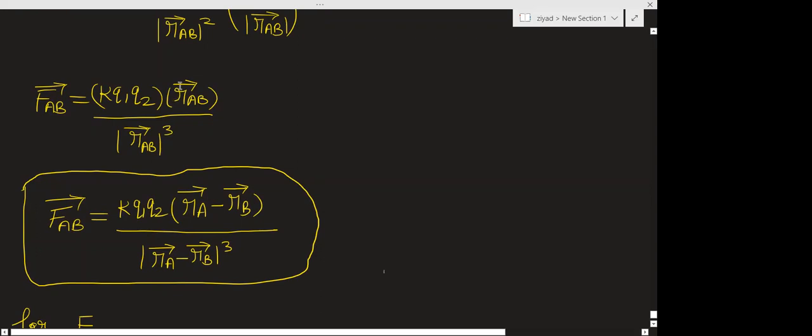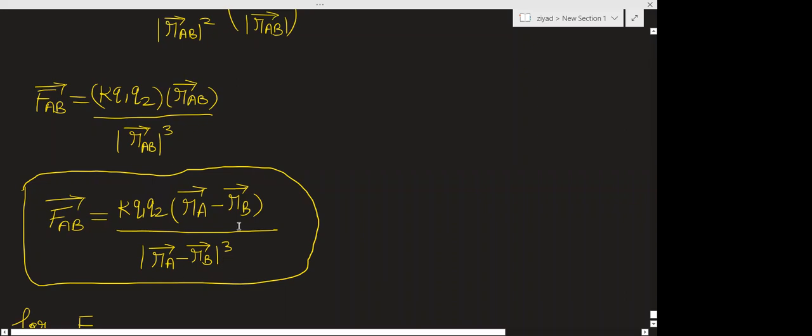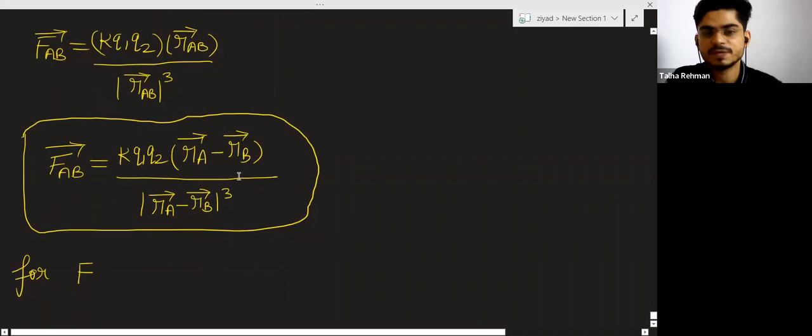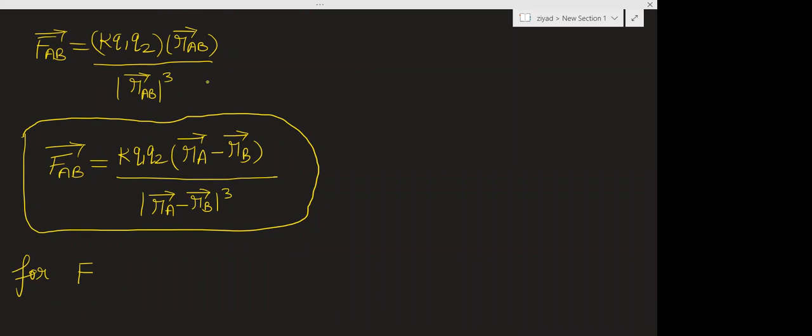This is one of the forms. But sometimes in the question you will get the position vector of A and position vector of B. Then you will use this formula for calculating. That is why I have split this. Otherwise there is no requirement of this. There is no hard and fast rule to write Coulomb's law in this vector form. You can write in this form also.